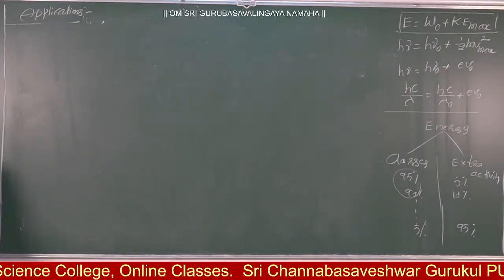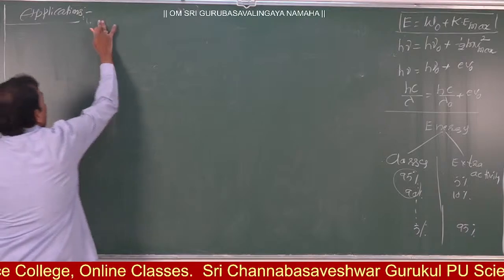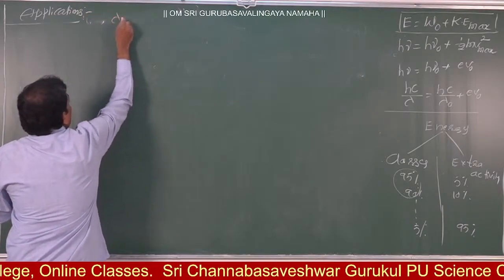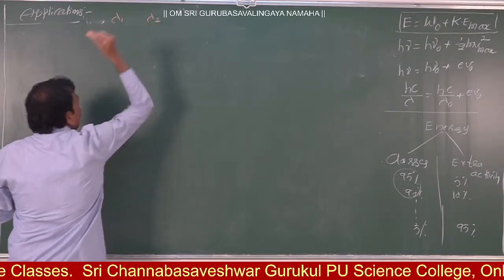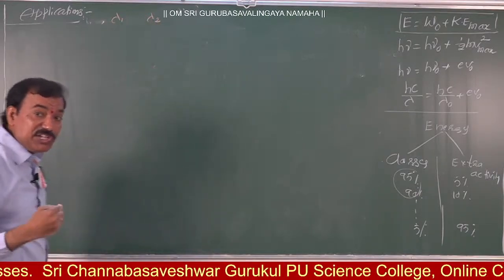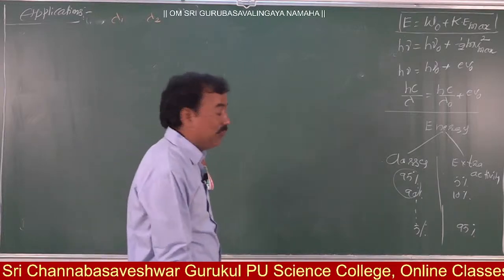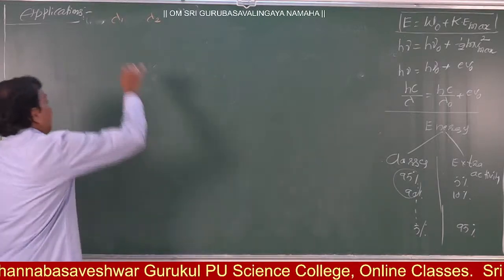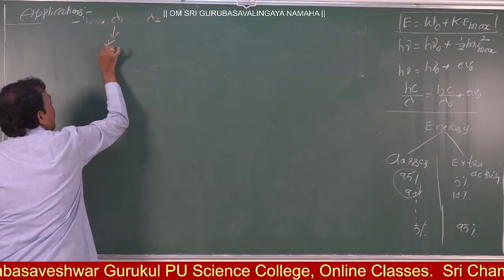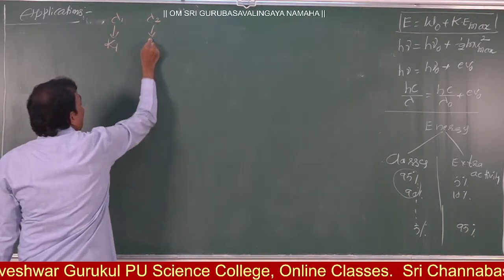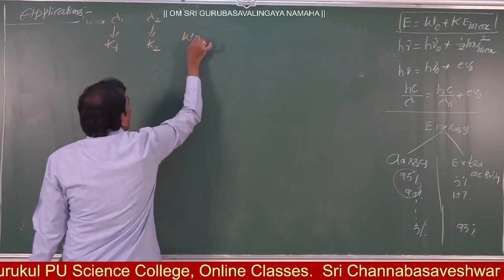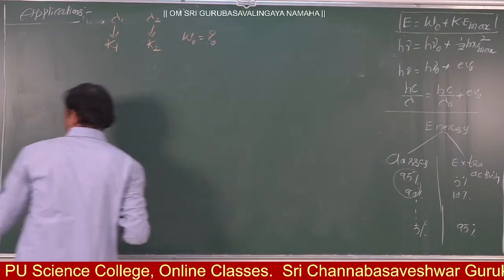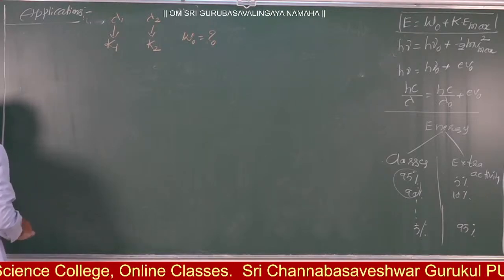Suppose two light waves of wavelength lambda 1 and lambda 2. The wavelength changes from lambda 1 to lambda 2, and then the kinetic energy changes from K1 to K2. Then what is the work function W naught equal to?